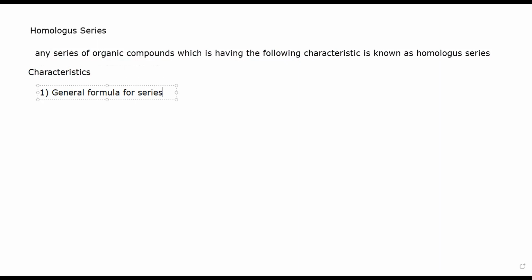Like a general formula which can be used to find any of the members of the series. Number two, it should have the same chemical properties. Every member will have the same chemical properties.